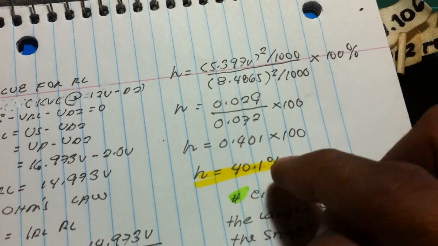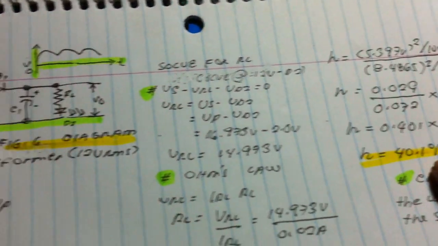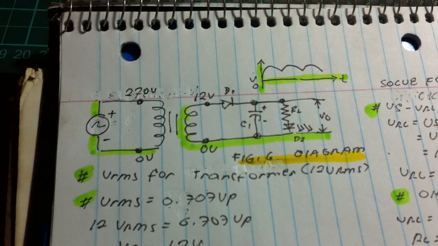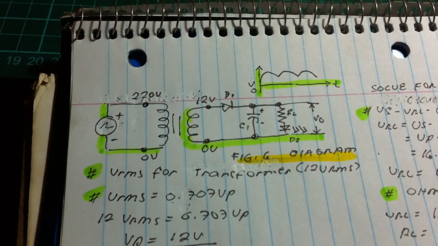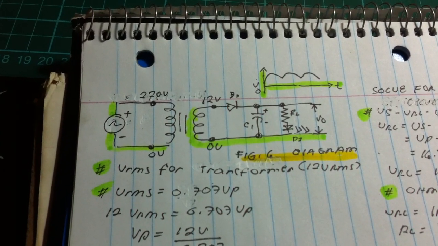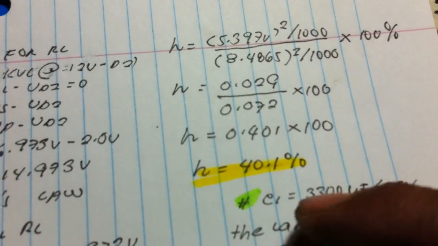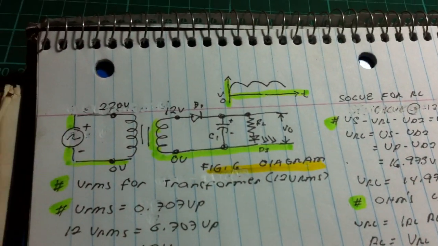We got now 40.1%. That is the efficiency of this half wave rectifier. And it is seldom used today because it's inefficient. It has only an efficiency of 40.1%.